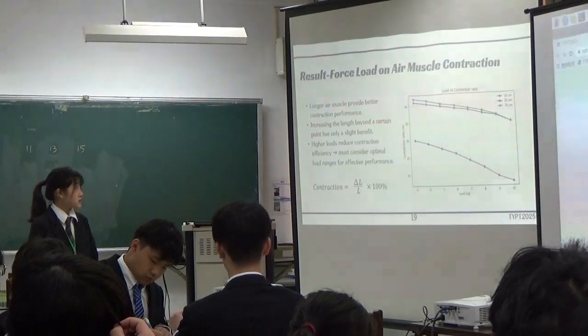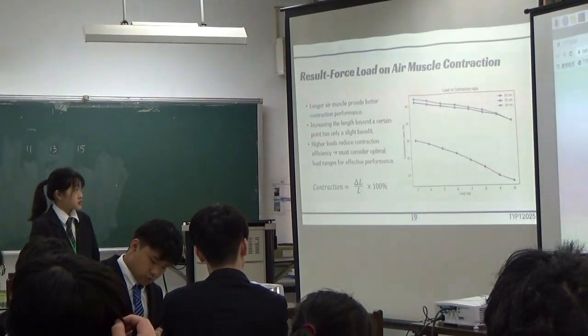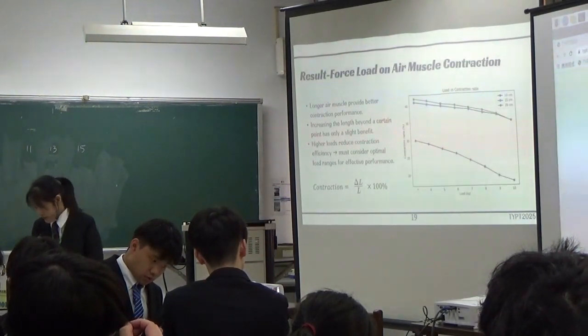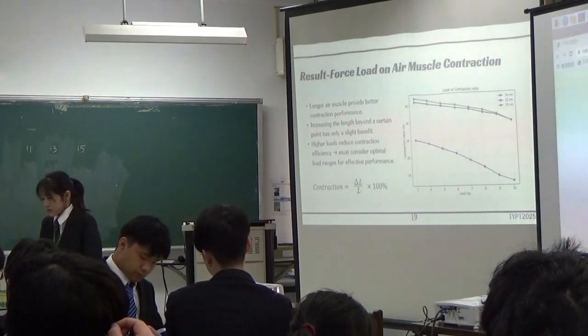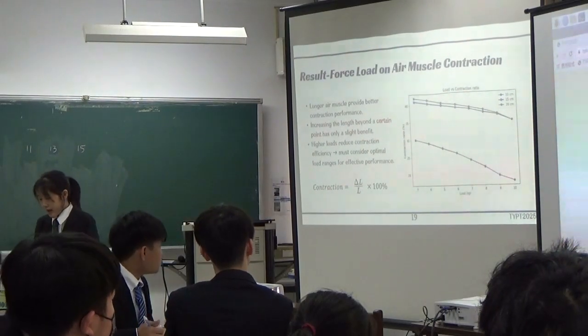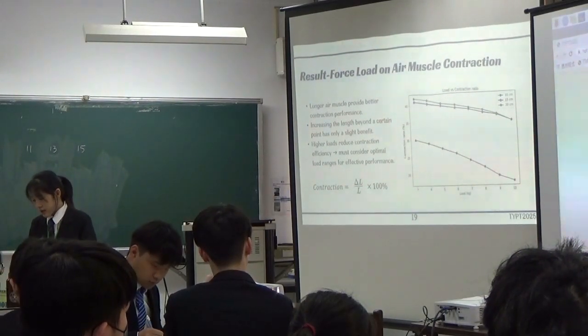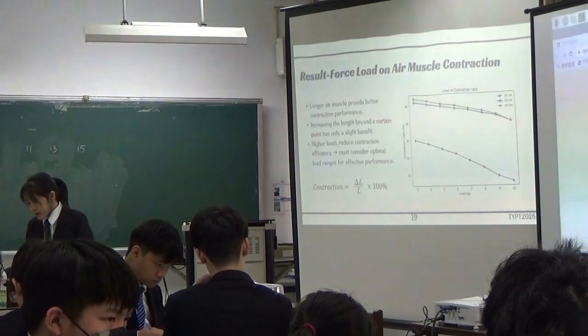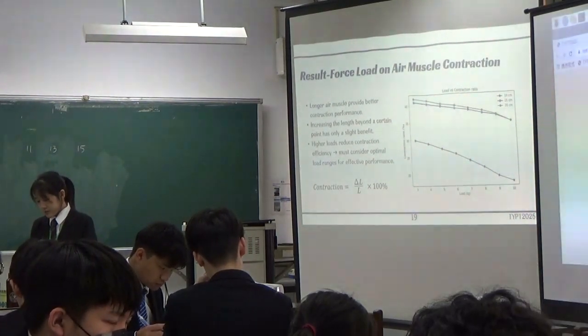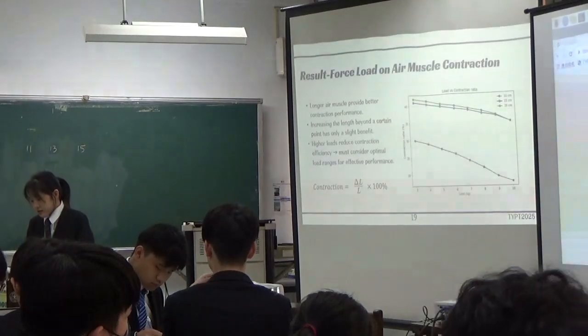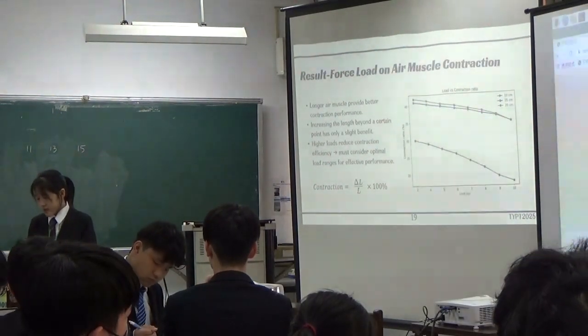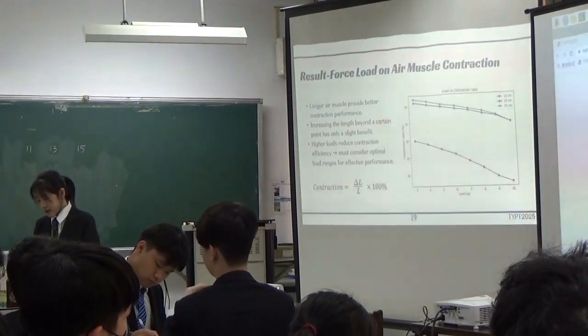And this is my result for the force load on the air muscle. You can see that a longer mesh shows a higher contraction ratio compared to a shorter one. And as load increases, the contraction ratio decreases for all mesh lengths.